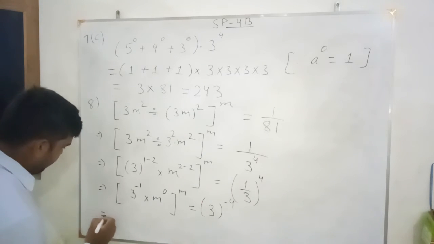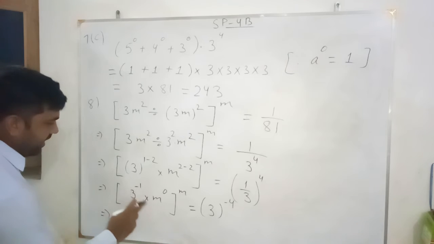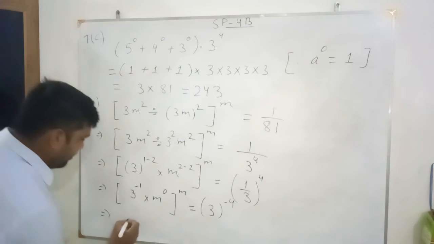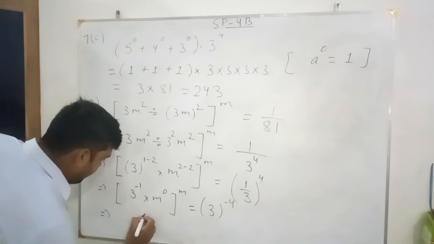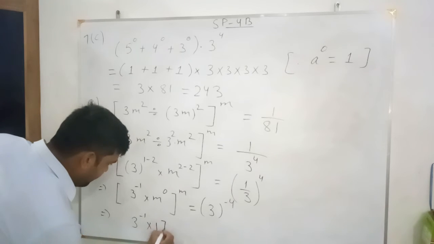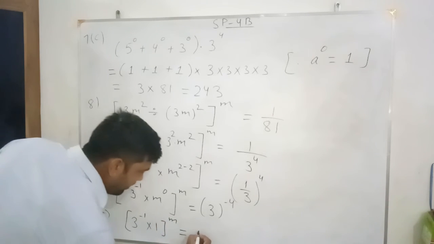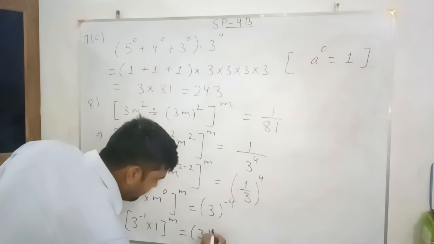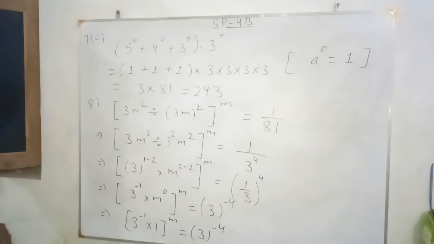Now in the next line, what you get, 3 to the power minus 1 into m to the power 0, whose value is 1. So we got here 3 to the power minus 1 into 1, and whole to the power m equals 3 to the power minus 4.